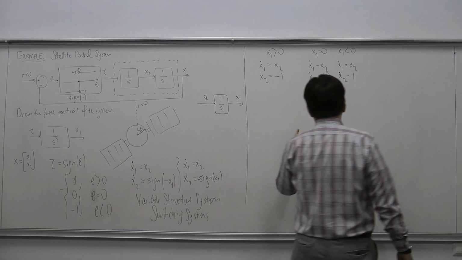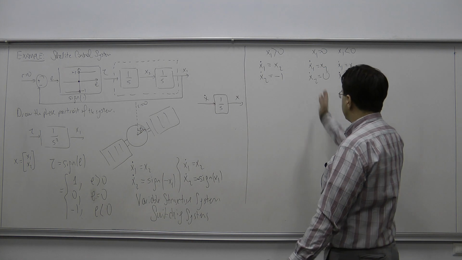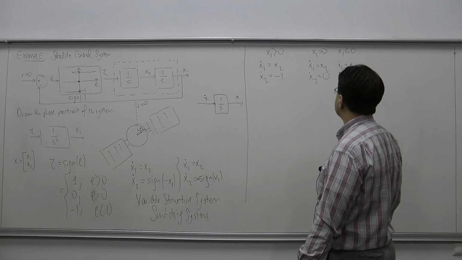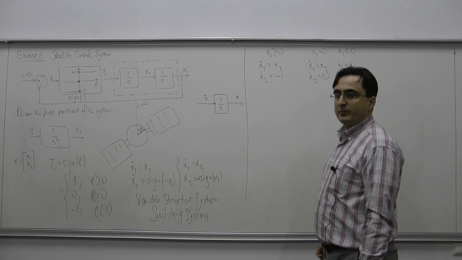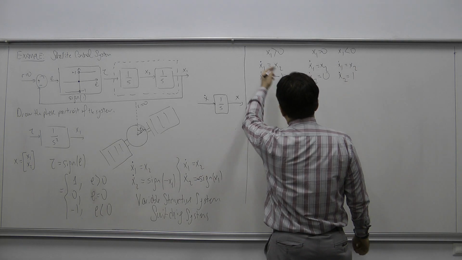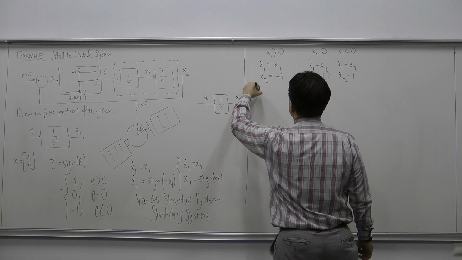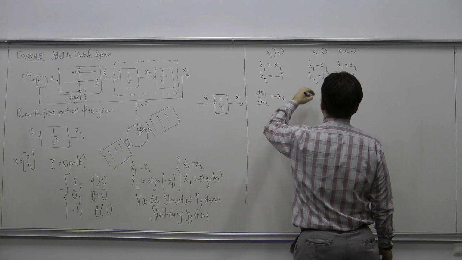So now, for these individual systems, the system switches between these dynamic systems. And for these systems, I can try to find the state space trajectories, phase plane trajectories. So let us use our theory. dx1 over dx2 is equal to minus x2.